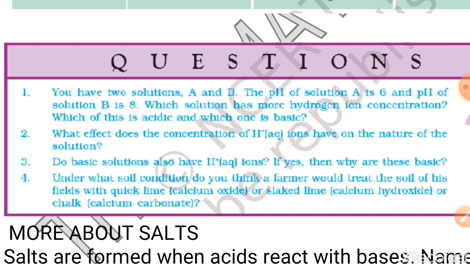If we are using some basic thing to treat a soil, it must be beneficial if the soil is acidic. So the purpose is to neutralize or decrease the acidity of soil. Now you can give the answer that as these things are basic in nature, the soil must be acidic.